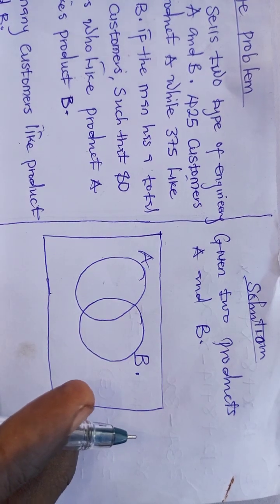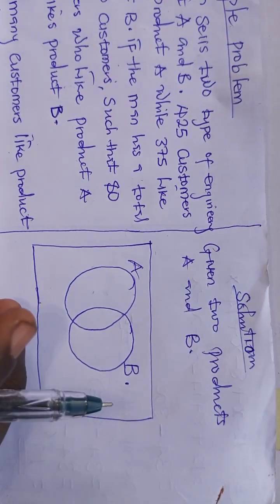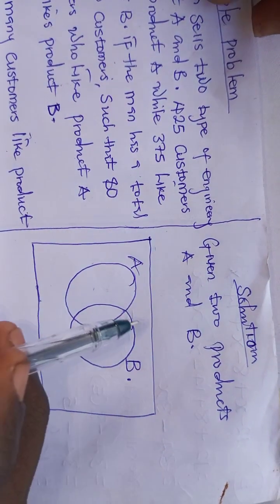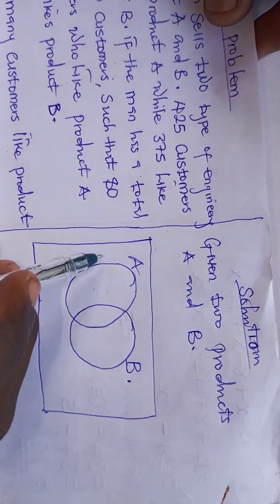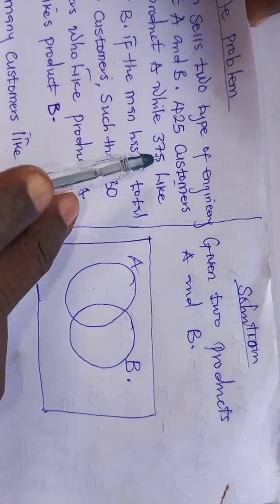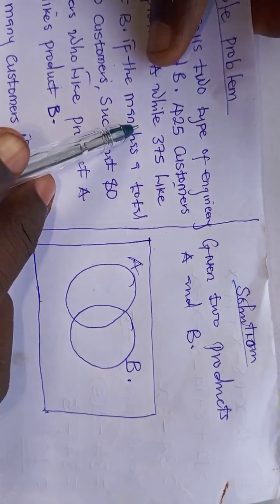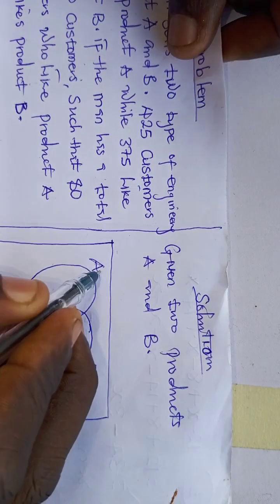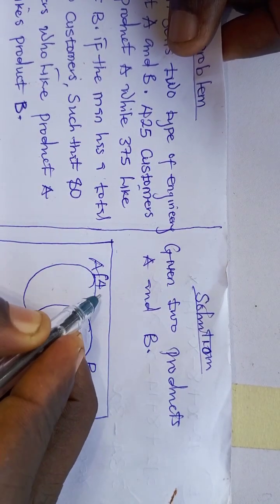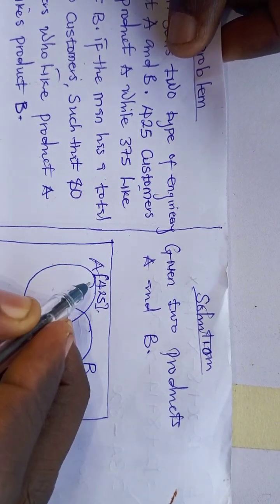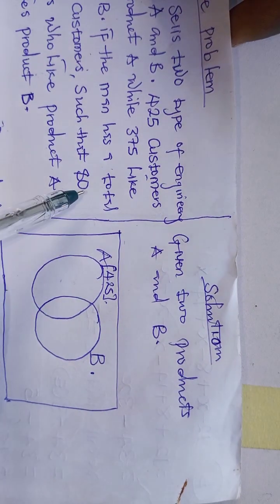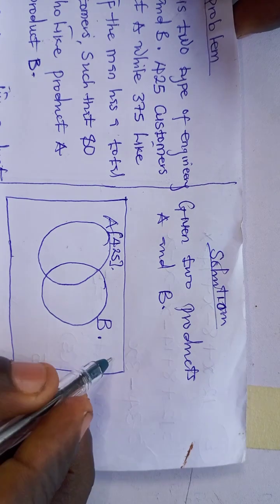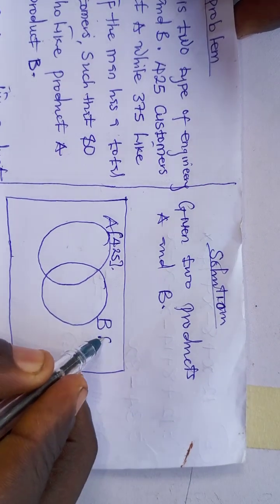Now, the question says that a man sells two types of engineering products A and B. 425 customers like product A, so we drop 425 here. While 375 like product B, so this is product B, 375.